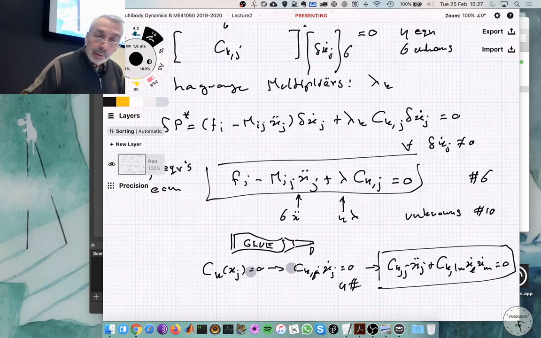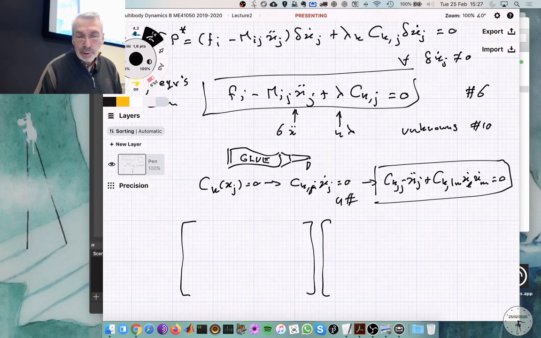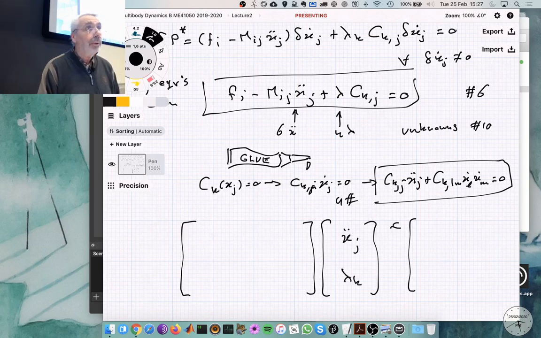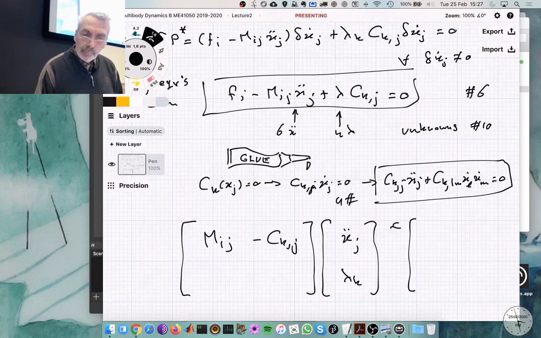So this set we can now nicely write in some sort of strange mixed matrix vector notation. The variables are x double dot j, and of course lambda k, our multipliers. Here we have our mass matrix m_ij, and then, reading the equation, here we have our c_kj, with a minus sign apparently, minus c_kj.